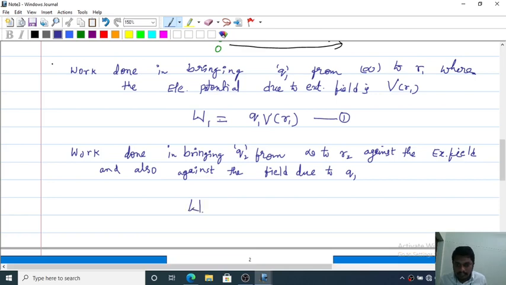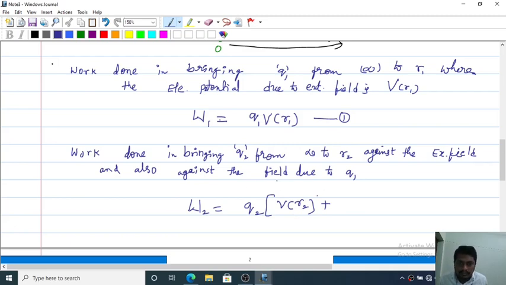Therefore, W2 can be written as follows. We are bringing Q2 now, and there are two potentials. One is due to the external field, where we are placing Q2 at a distance R2. Therefore, the electric potential due to external field at a distance R2 is V of R2, and against this field we need to do work.